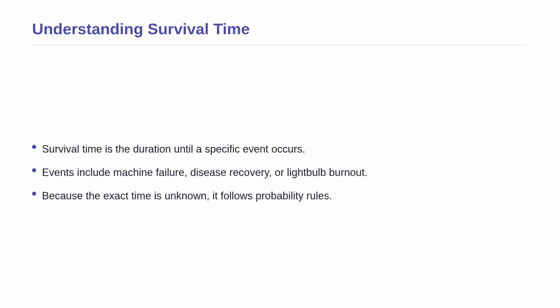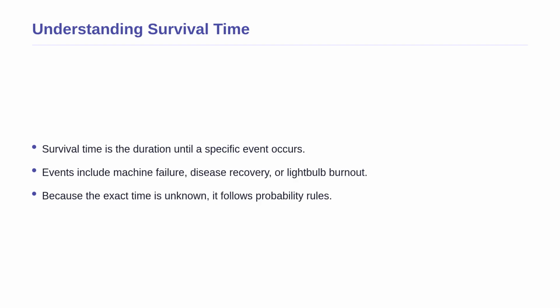Now that we understand what survival time is conceptually, let us look at how it applies to the real world. Survival time is simply the amount of time that passes before a specific event happens. This event could be a machine breaking down, a patient recovering from a disease, or a light bulb burning out.